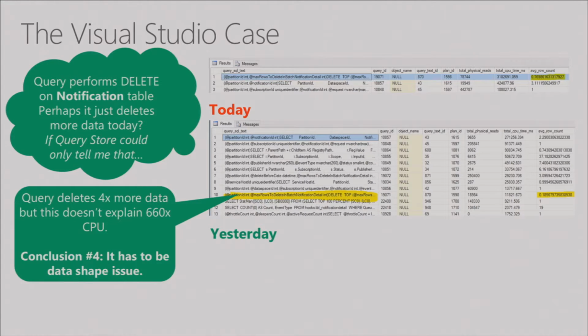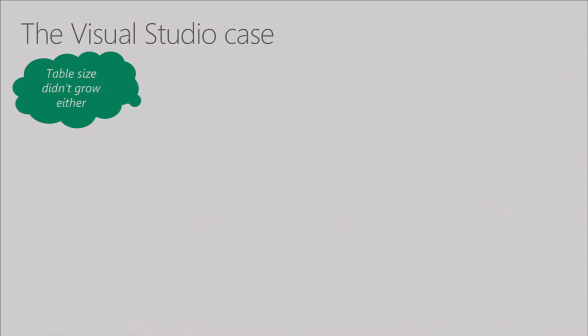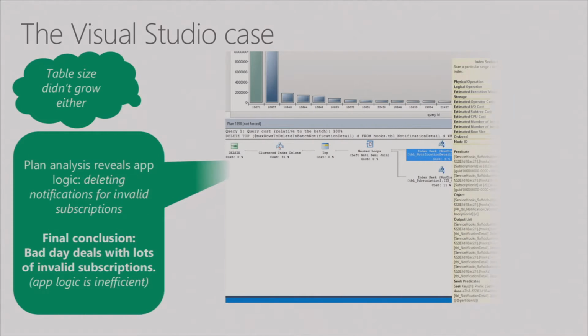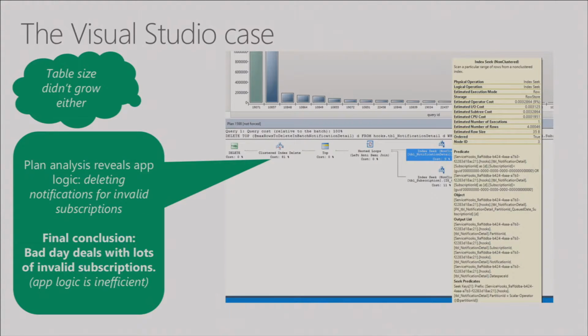So they said, hey, this must be a data shape issue, something related to how we organize the data. They also took a look at the table size and concluded, hey, table size is similar to yesterday. There's not much data to be deleted. The size is the same. And then they went into the execution plan and analyzed the plan.